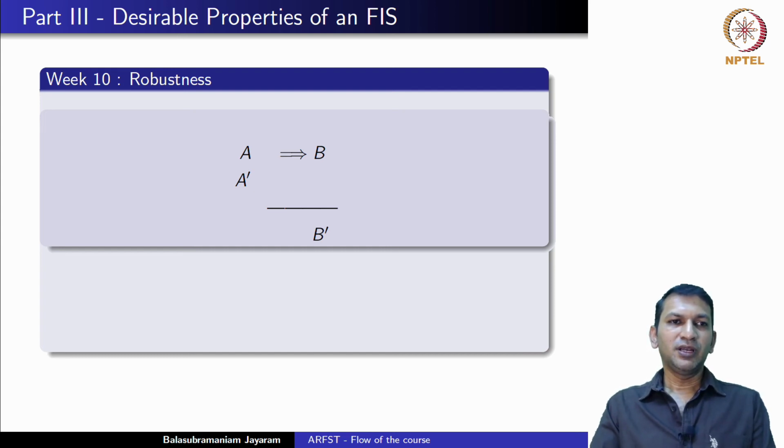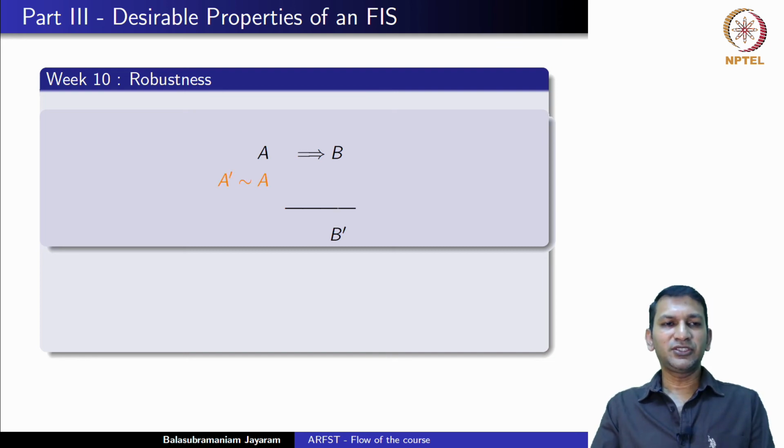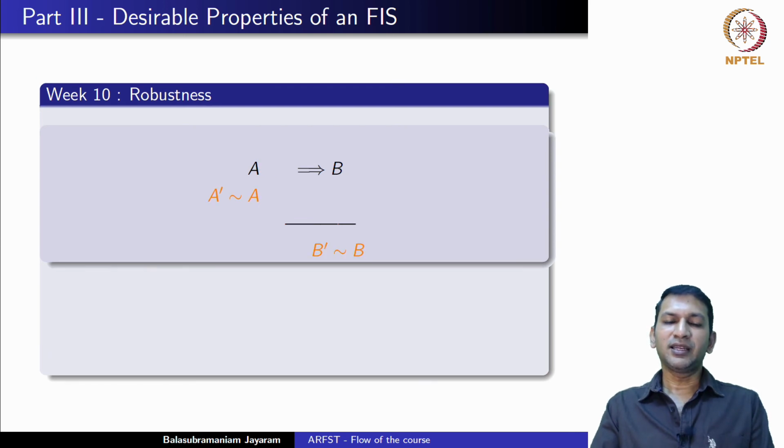Here we assume there is some kind of a relation that is available both on the input domain and the output domain, and we ask this question: if A dash enjoys a relationship with A, will that relationship be carried over to B dash also? If A dash is related to A, will B dash also be related to B? In what sense these are related, that will be made precise during the course of these lectures.